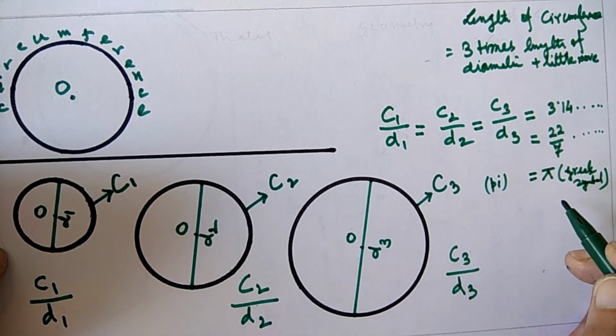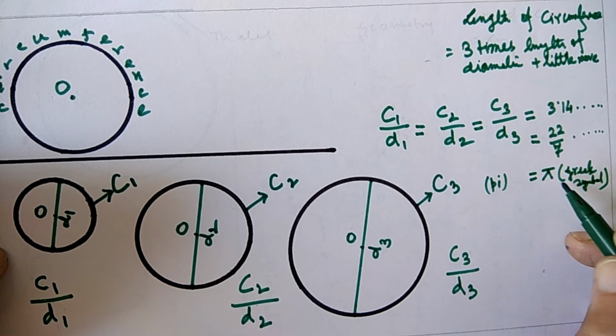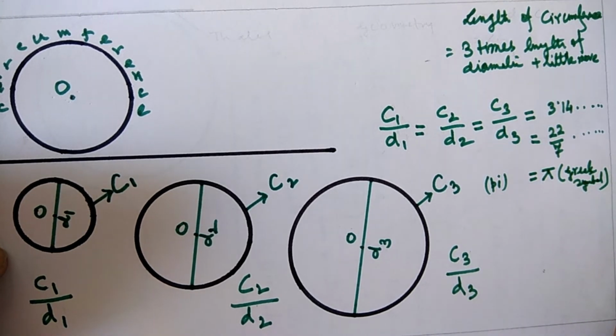So friends, I want to add 1-2 lines here about the Greek symbol pi. You know, Greek mathematicians were the pioneers of geometry.